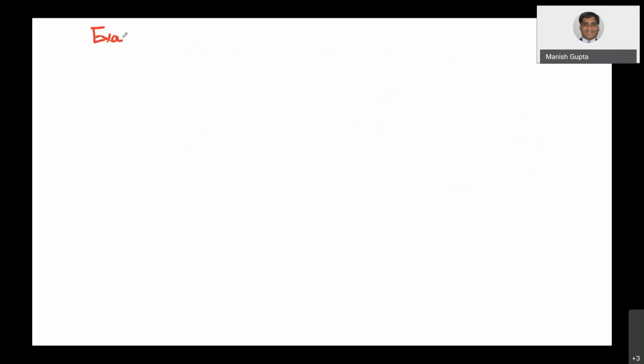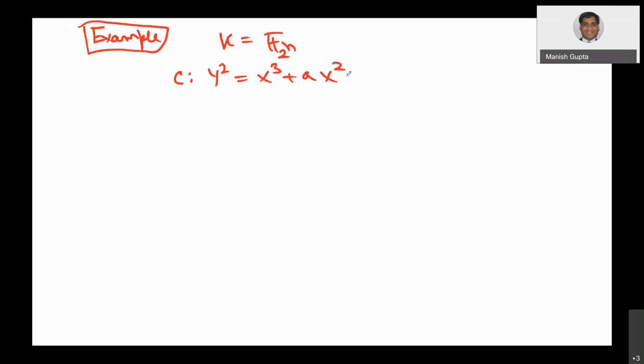This time, I take K to be the field with 2 raised to n elements, and our curve C is y square equal to x cube plus ax square plus bx plus c.